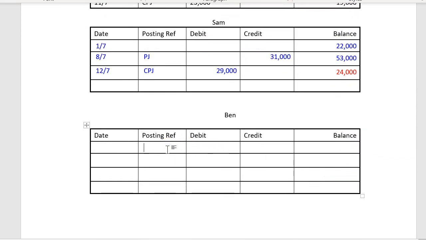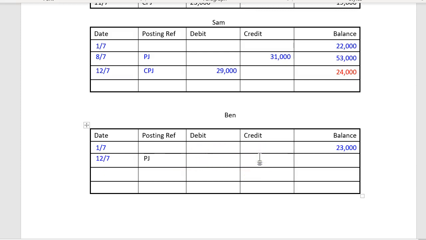Let's move on to the next supplier, Ben. Ben also has an opening balance, which is 23,000. Did they purchase from Ben? Yep, 12th of July, PJ is the posting reference.